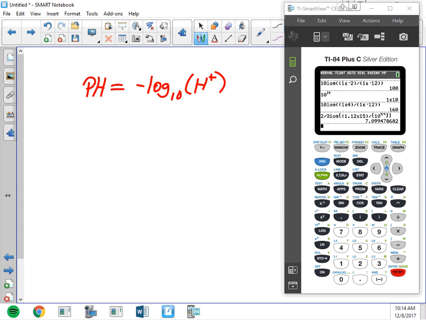But to go from an 8 to a 9 takes a lot more hydroxides. It's how much acid or base is in something. So to go from a 7 to a 6, you need a certain amount of acid. To go from a 6 to a 5, you need a lot more. So the further away you get from the middle, the harder and harder it is to get to those numbers.